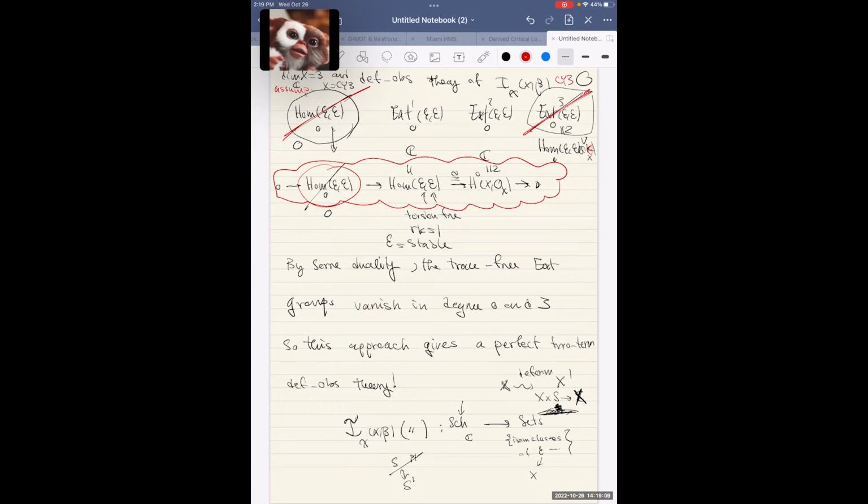It's trivial. That's right. In general, Ext3(E,E), even the trace-free part, is isomorphic to Hom(E, E tensor canonical) dual, right? But Hom(E, E tensor canonical) is not the same as Hom(E,E). But if K is equal to O, it is. Then it goes away. Okay. So Calabi-Yau 3 is used here.